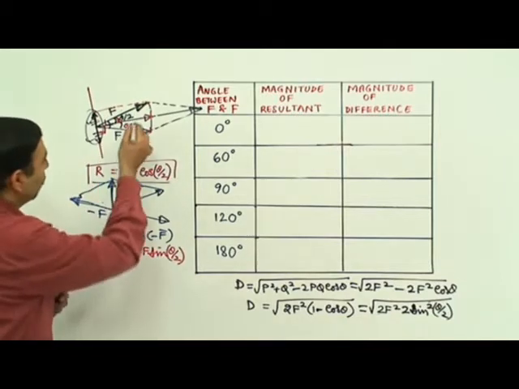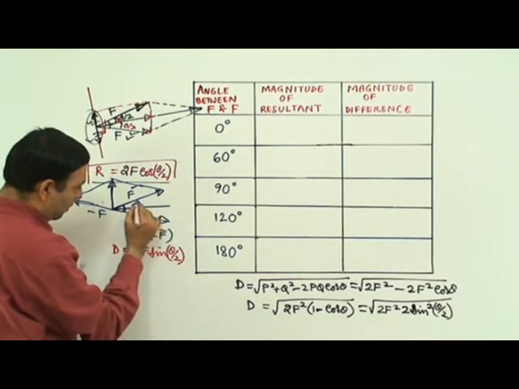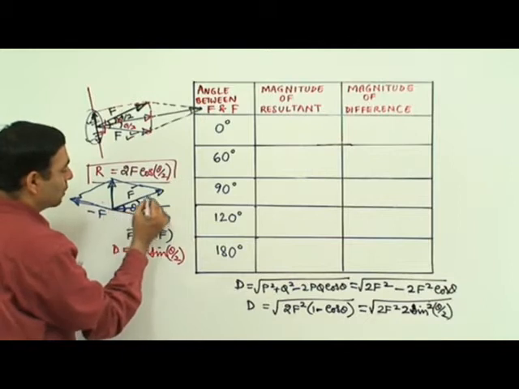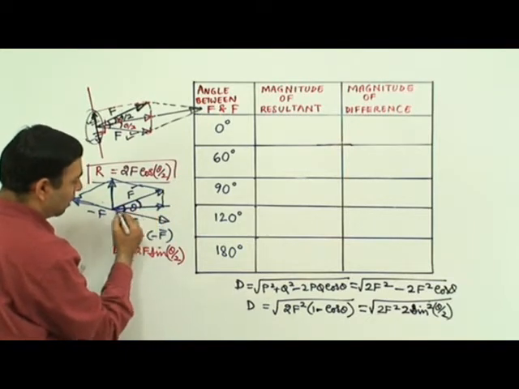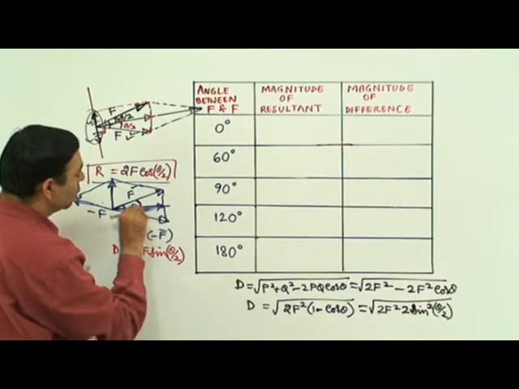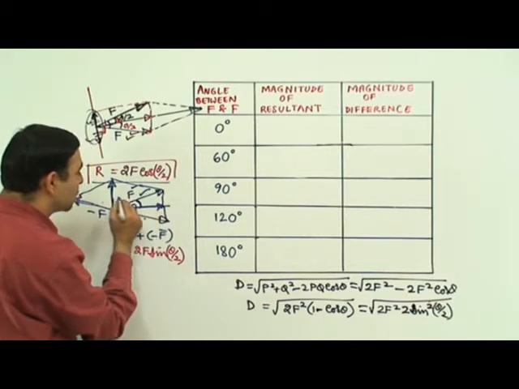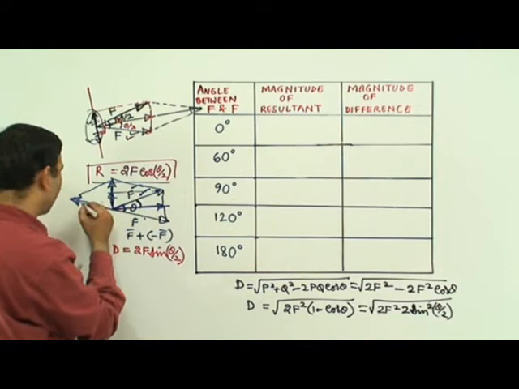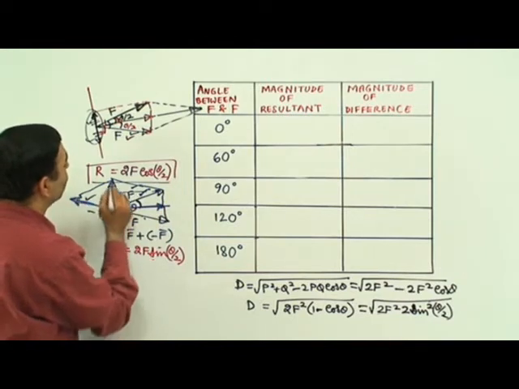Fine. So this is one way to do it. The other way is the component method, as I told you. If this angle is theta by 2, I am bisecting it. Definitely this F's component in this direction will be F cos theta by 2, and this component of this F is also F cos theta by 2. So this will be 2F cos theta by 2. But what about the component of this F in this direction? It will be F sin theta by 2, and the component of this F, I mean minus F, numerically F, in this direction will be F sin theta by 2.